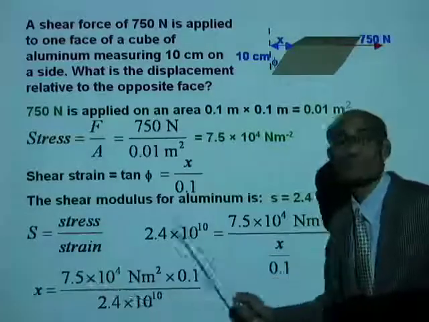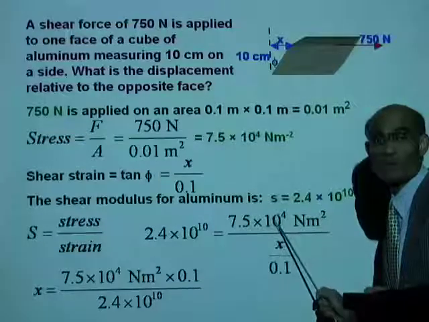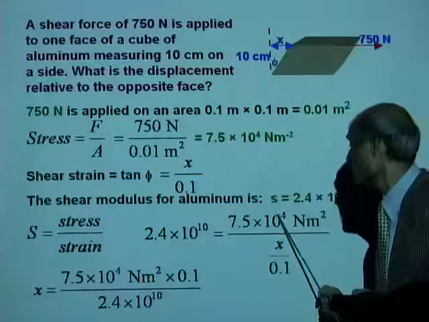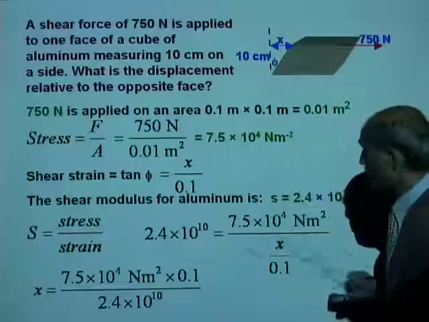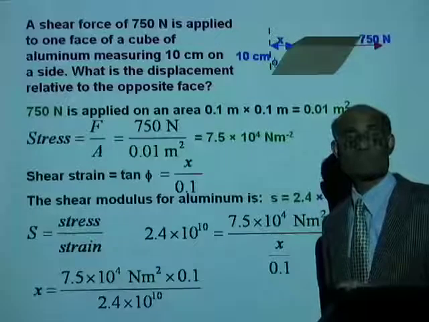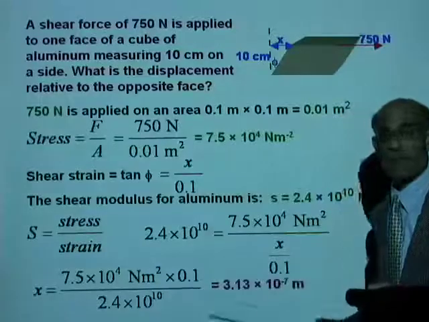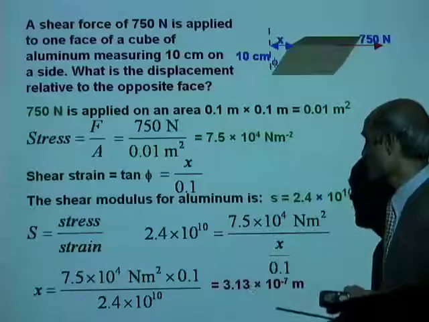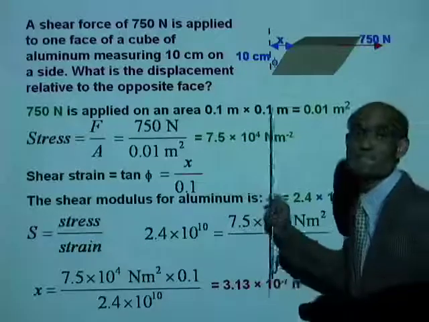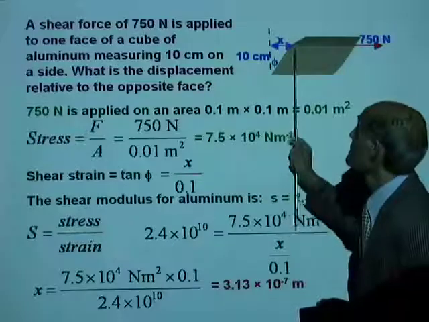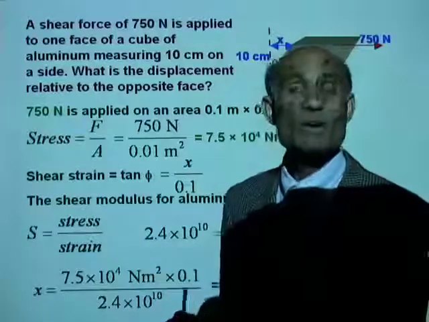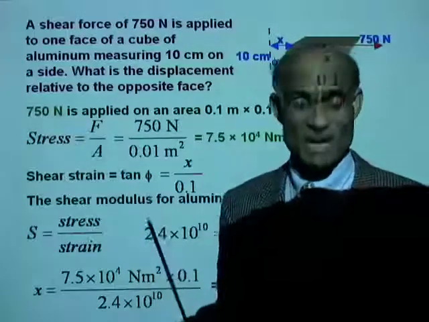So x equal to 7.5 times 10 to the 4 Newton per meter squared multiplied by 0.1 divided by 2.4 times 10 to the 10. And that will be 3.13 times 10 to the negative 7 meter. And that will be the displacement of the top face of the aluminum cube when this force is applied.